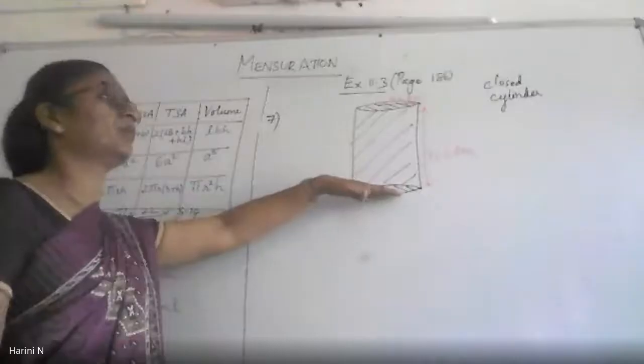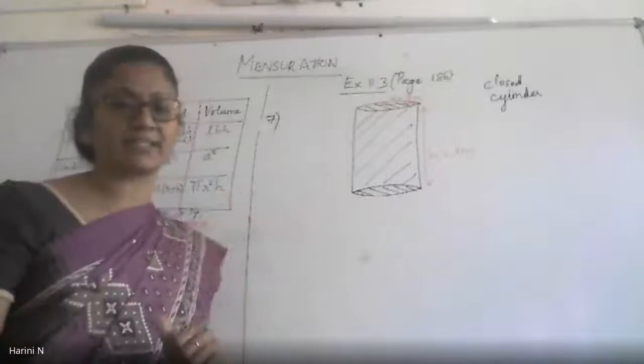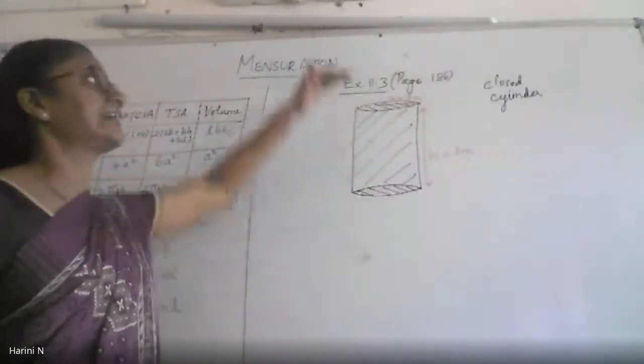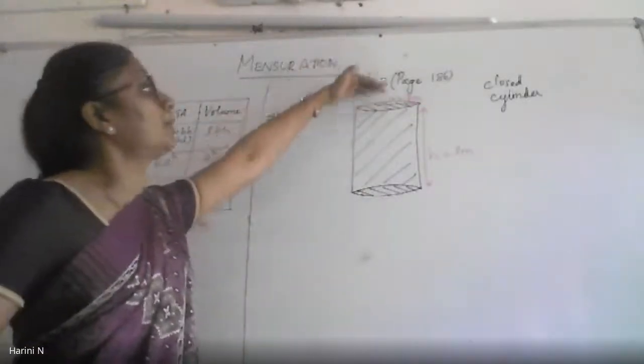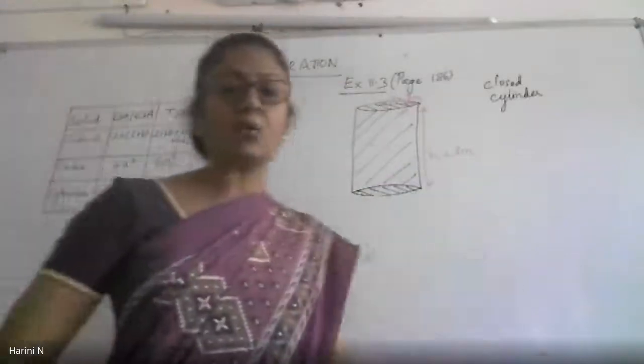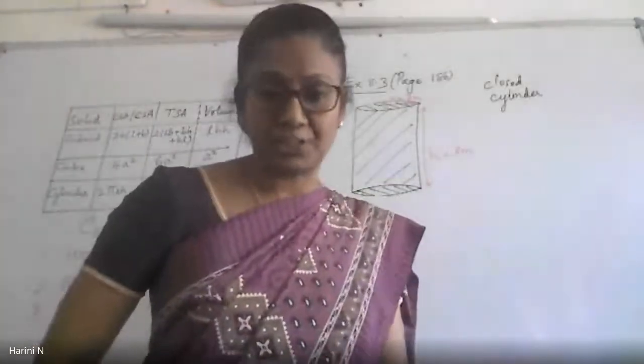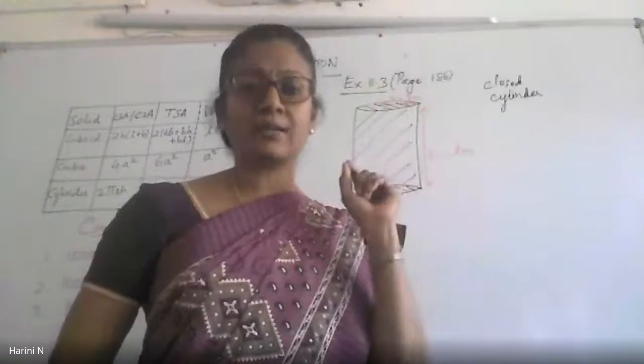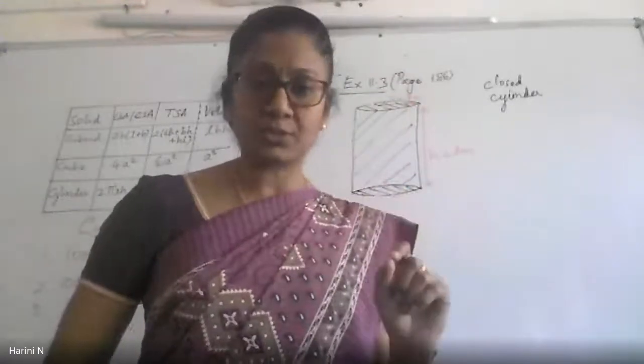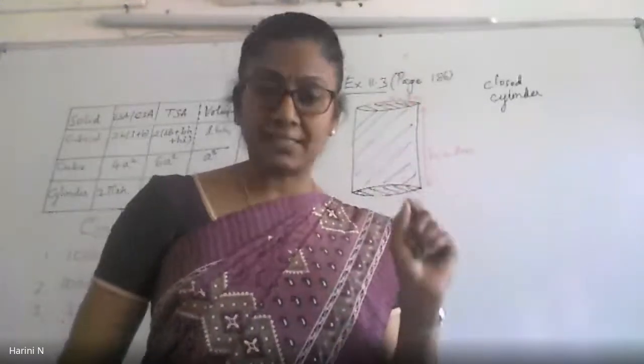Ma'am, we should have it. If you don't have the bottom, then you can't store anything inside the container. And because it is said to be closed, both the top and the bottom should also be covered with the metal sheet.